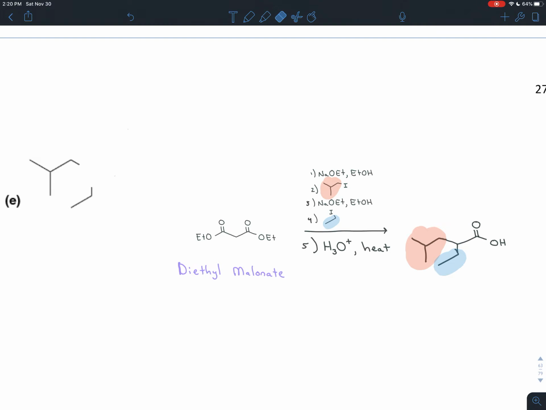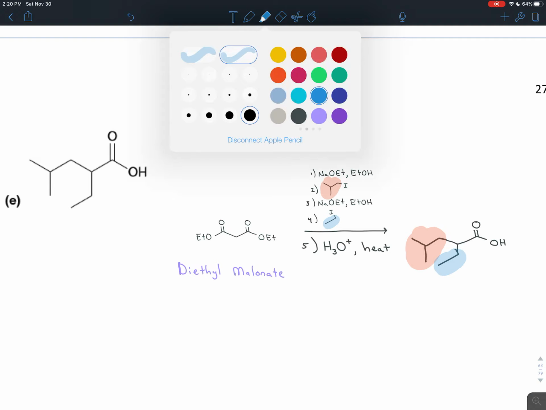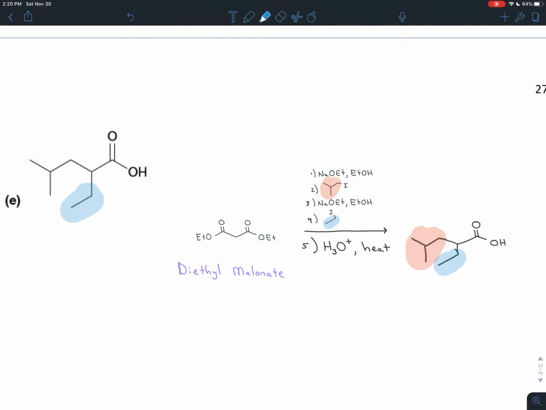And there you go. Compare that with the original molecule and you'll see it's the same thing. So you have this group at the bottom, you have this sort of isobutyl group to the left, and you have your 2 carbons with the carboxylic acid on them in the middle.